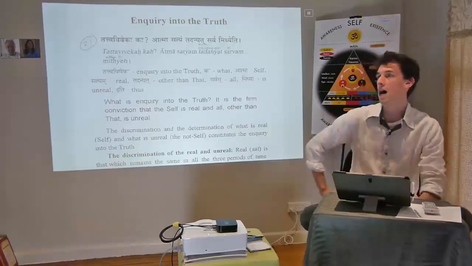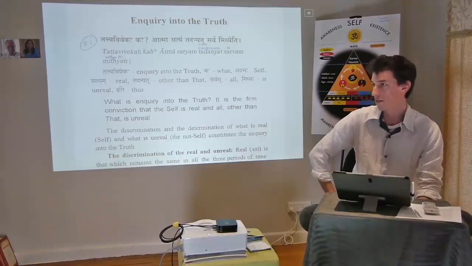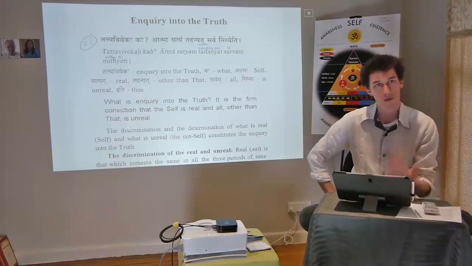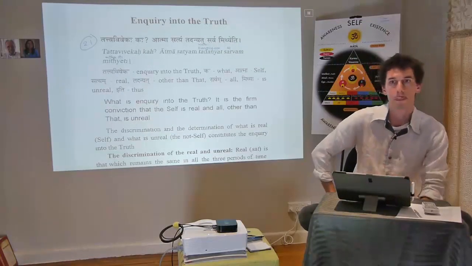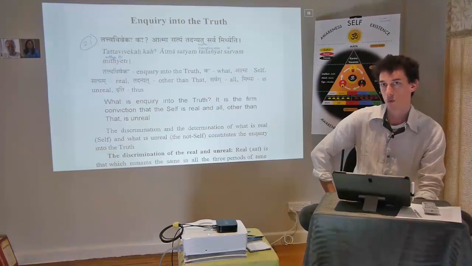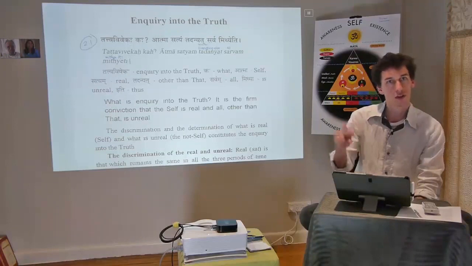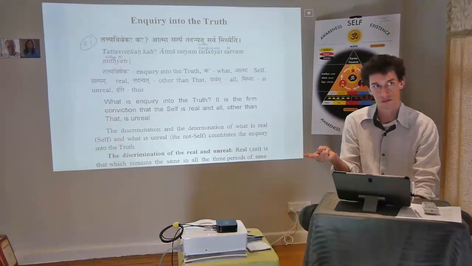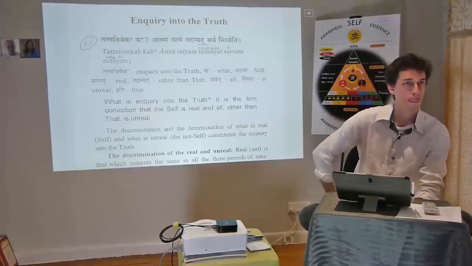Okay. Now, next topic. We're going to speak about how to do Tattva Viveka, how to actually go about the process of differentiating Atma from Anatma. So we're going to start like this. Differentiating Tattva from non-Tattva. Reality from non-reality.